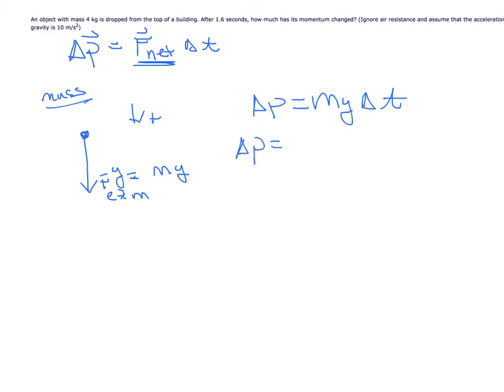My mass here is 4 kilograms. My g is 9.81. Oh, it actually said to assume gravity was 10, so let's assume gravity is 10. And then I know the time that I'm considering is 1.6 seconds.